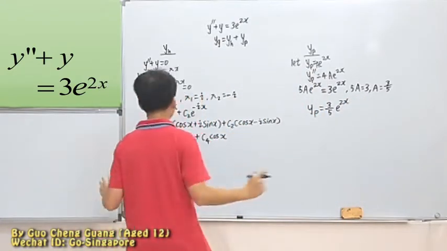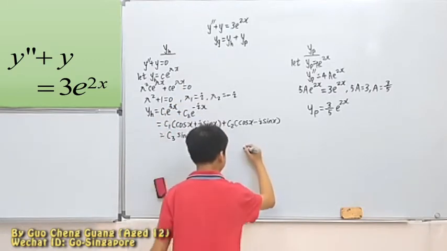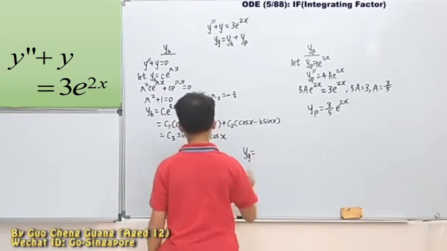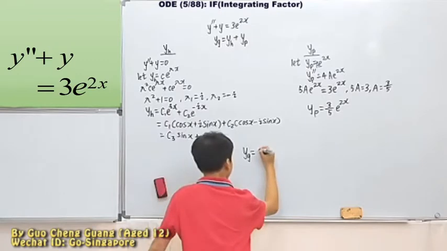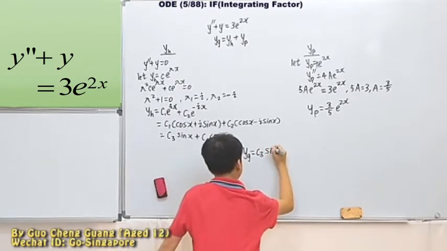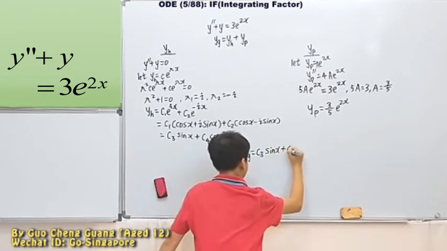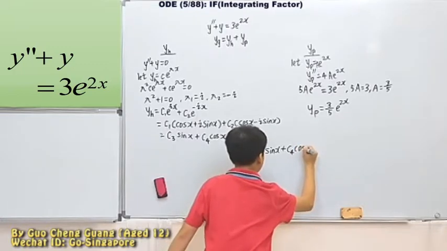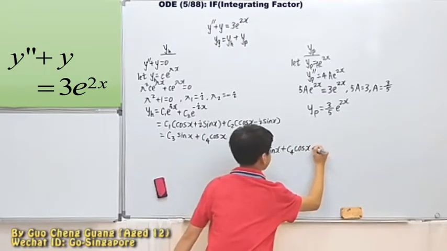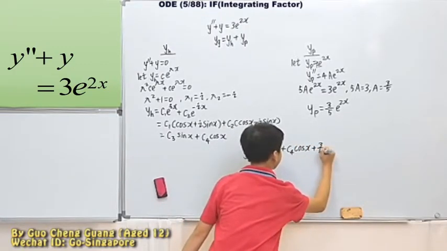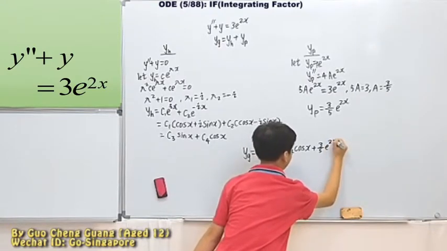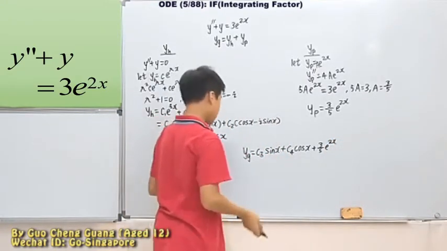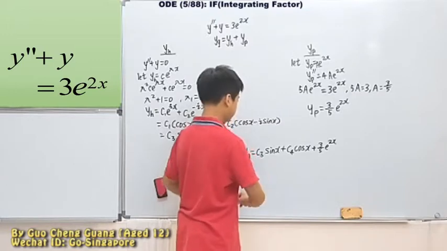So then the complete answer for yg would be, firstly is this part, c3 sine x plus c4 cosine x plus 3 over 5 e to the power of 2x. So you get all these.